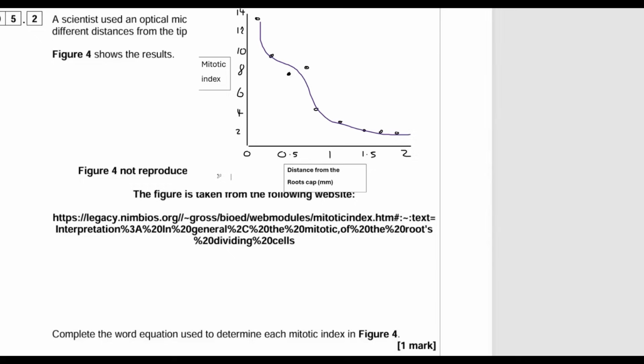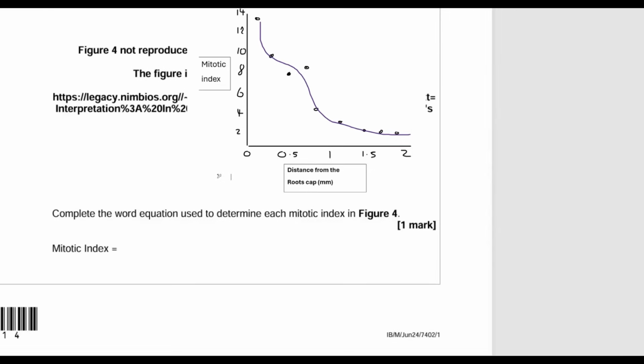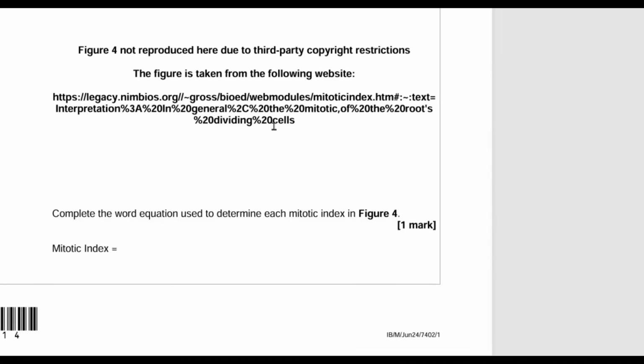It's not exactly the same, but it gives you all the data. You've got a mitotic index up the side, and then the distance from the root cap. So the further we get away from the root cap, what's happening to the mitotic index? There's a general relationship. It seems to be going down.